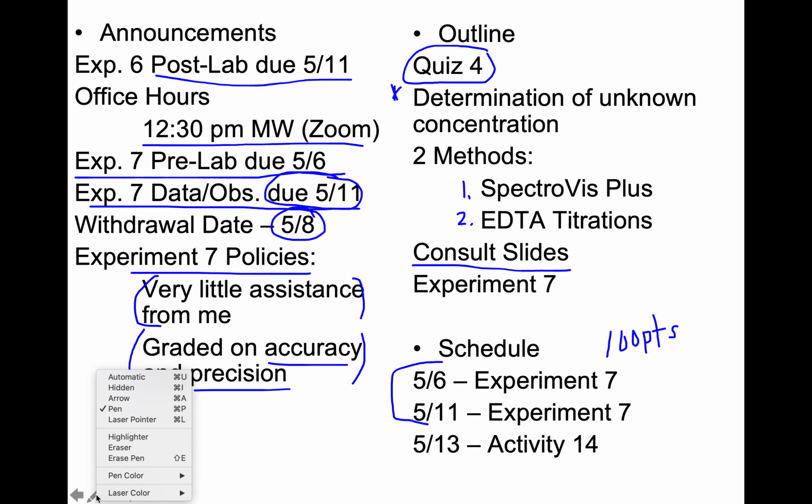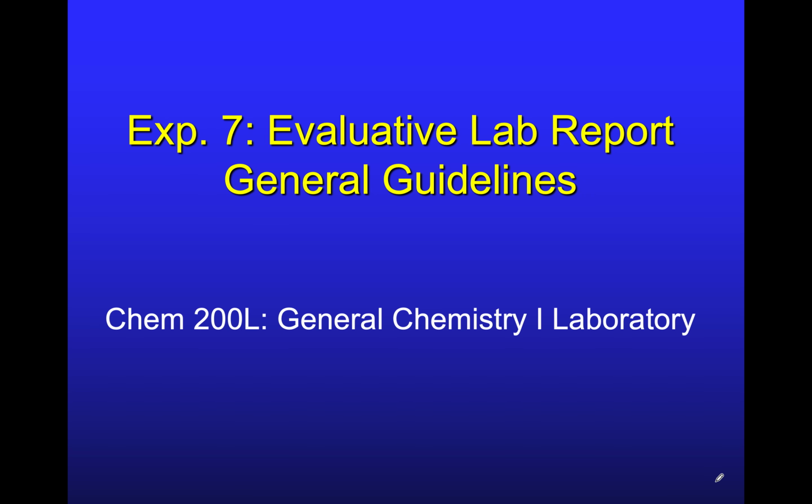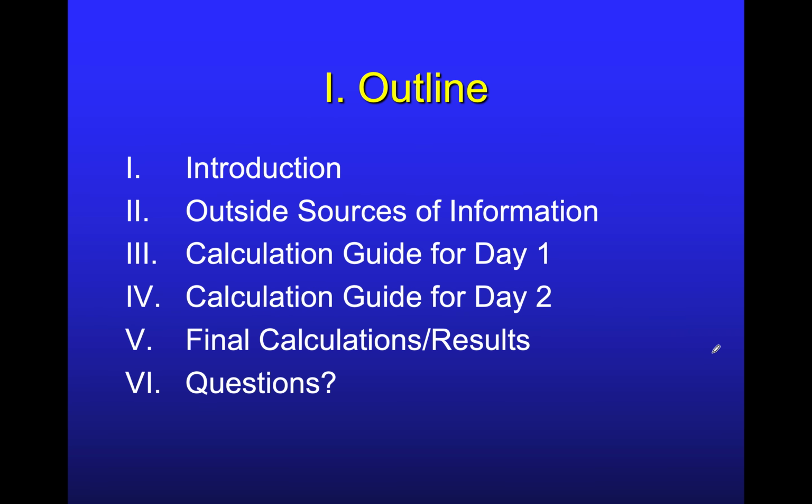This is, like I said, experiment 7, and here are the general slides for everyone. You can see these are the guidelines. This is what we're going over. Of course, this applies to the lab, actually doing this on campus, so I've modified this slightly to what we're going to do.